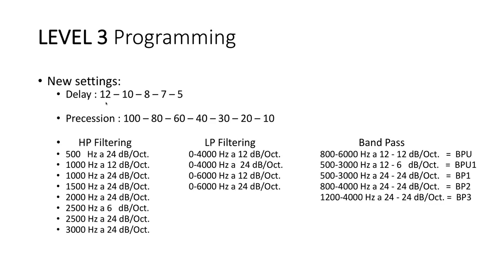But remember that as you shorten delay and precession, it gets more and more tiring for the muscles of the ear, and you have to be very careful of not getting the muscles fatigued too much, because if there's too much stimulation, they won't be able to do their work correctly.